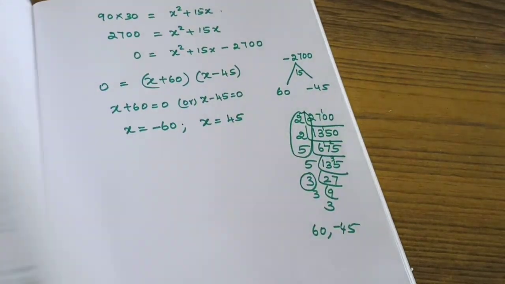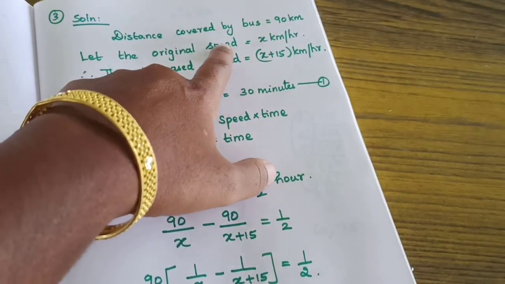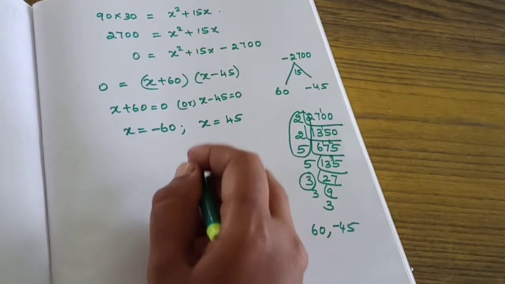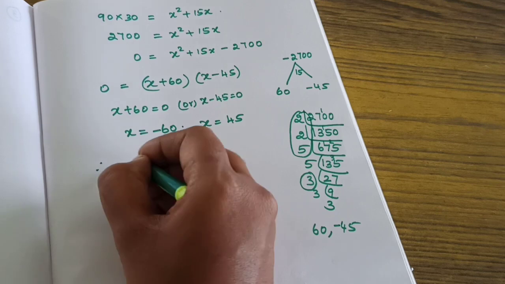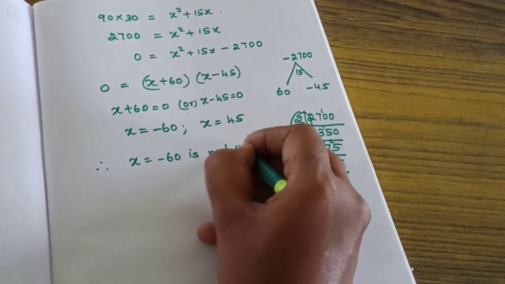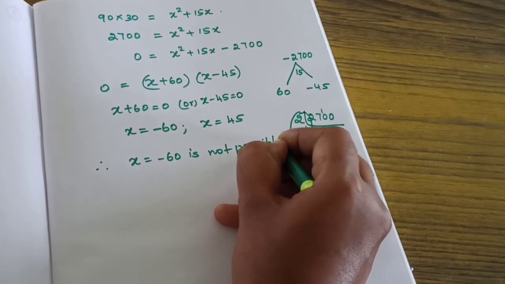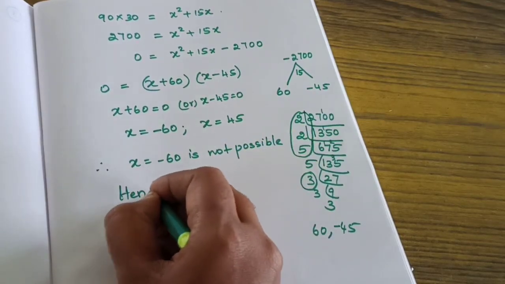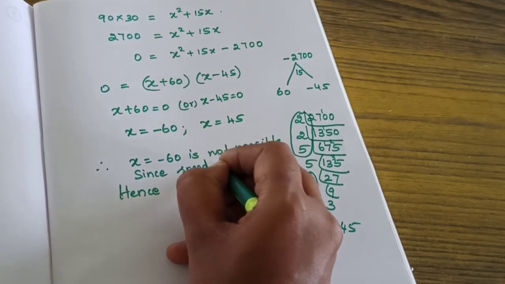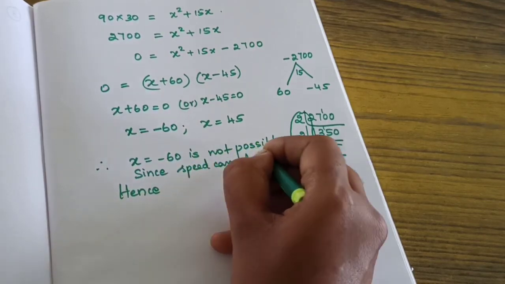Here already we know that x means original speed. Whether speed will be in negative? No, not possible. Therefore, x equal to minus 60 is not possible. Hence, since speed cannot be negative, this reason you need to write.